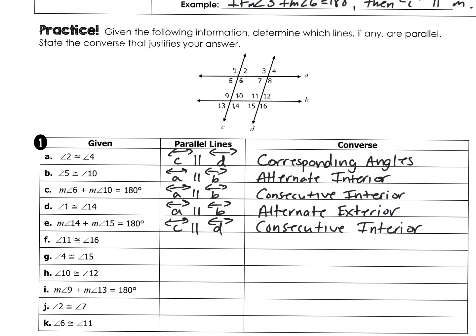Okay. Angle 11 is congruent to angle 16. Angle 11 and angle 16 are vertical angles, but vertical angles is not one of our converses, so that does not prove anything. Okay, angle 4 and angle 15 are alternate exterior angles on transversal D, so that proves line A is parallel to line B, and that's alternate exterior.